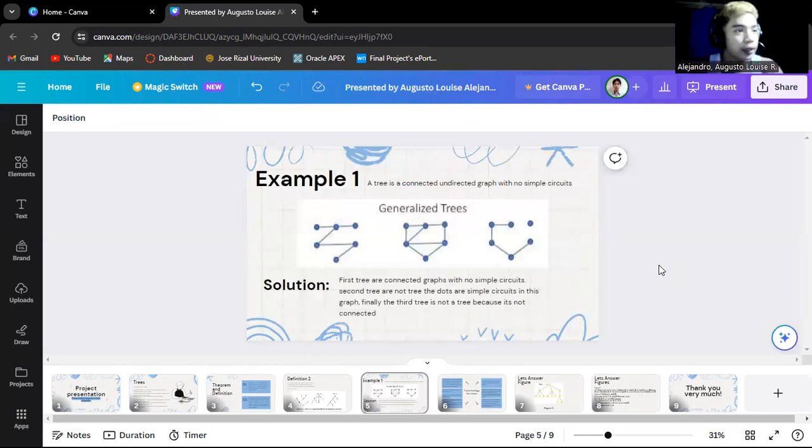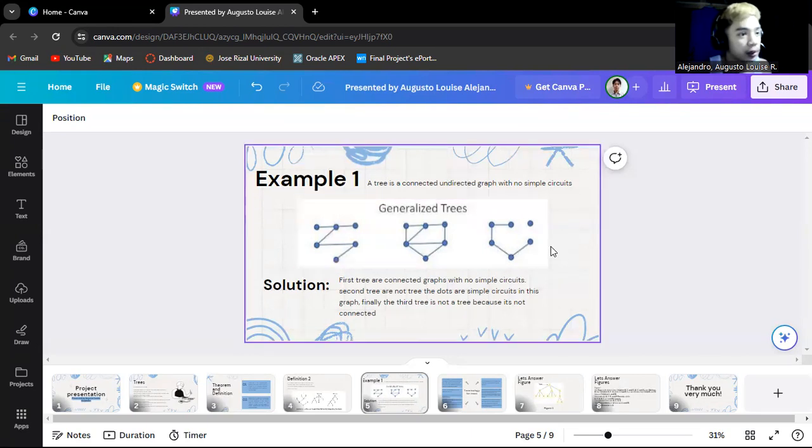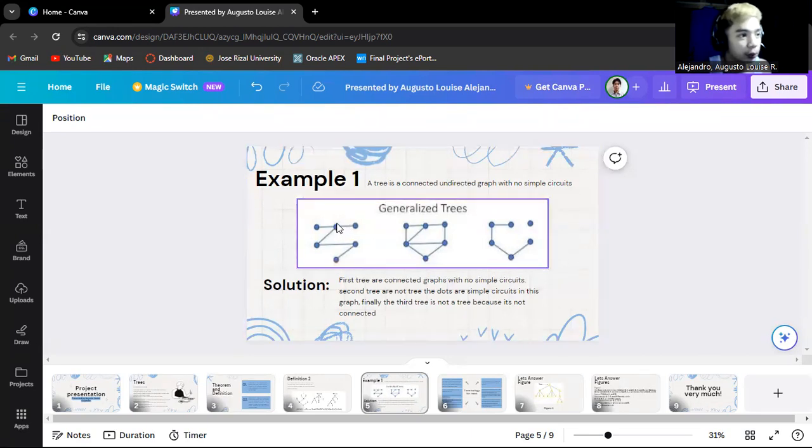Example 1. A tree is a connected undirected graph with no simple circuits. First, the first tree is a connected graph with no simple circuits. Here is the root, and these are its children: first dot, second dot, and third dot. The third dot has a child, and its dot also has a child.